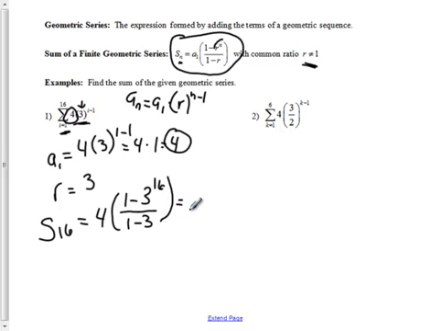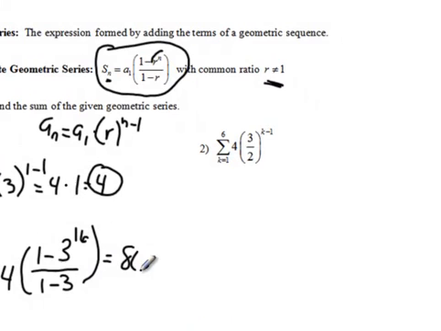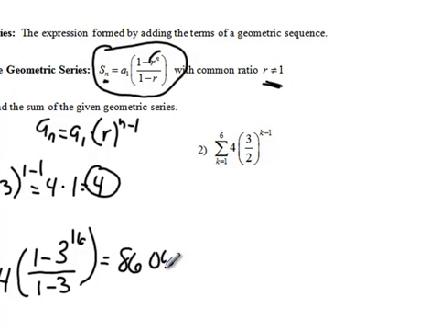When you plug it in your calculator, you get 86,093,440. If you have problems with the calculator, write it down on the summary sheet and I'll help you guys tomorrow. Then, obviously you guys all know how to do it in your calculator.